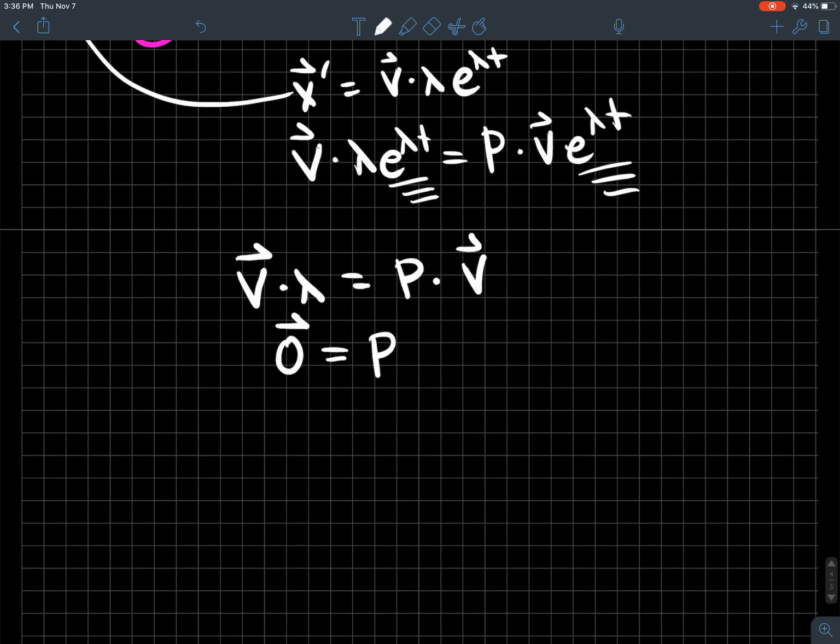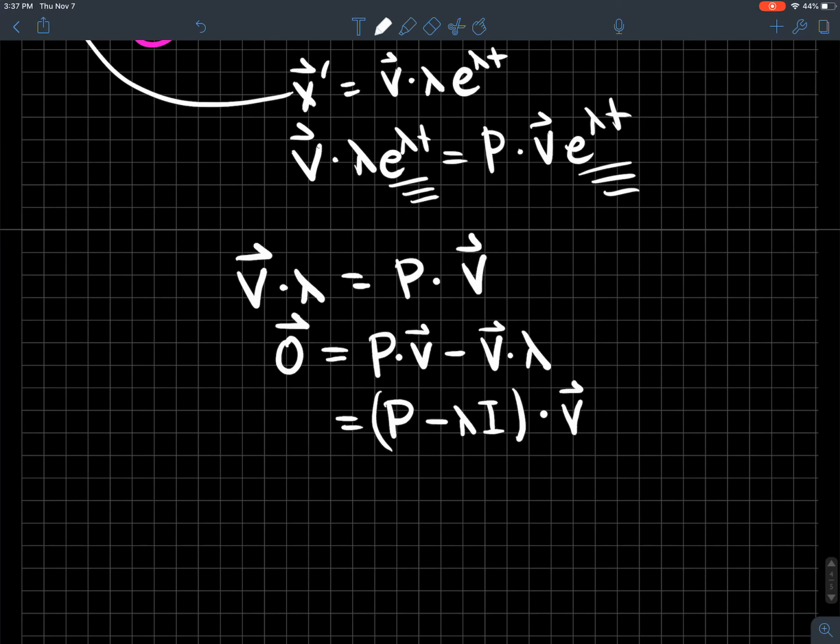I'm going to have p times v minus v times lambda. And we can factor out the v. So therefore, we're going to get p minus lambda times the identity times v.